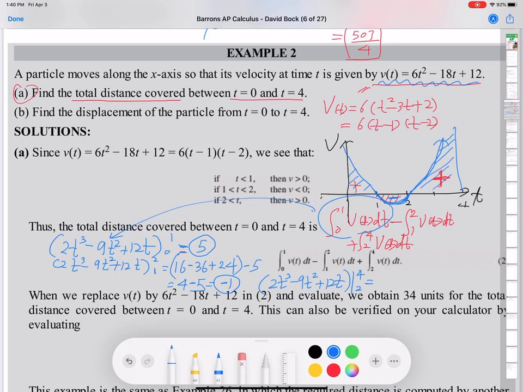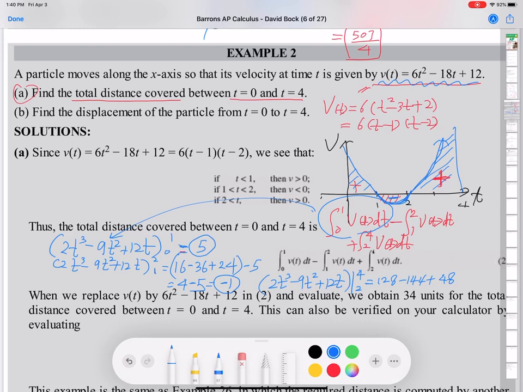If you plug in 4, then 4 cubed times 2, so 4 times 4 times 4 times 2, it is 128, minus 4 squared is 16 times 9, 144, plus 4 times 12 is 48.